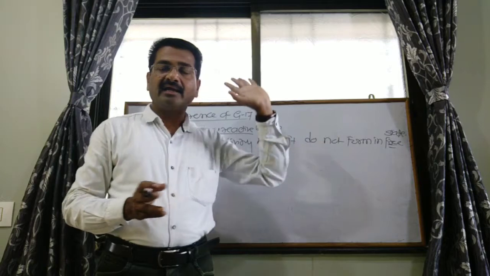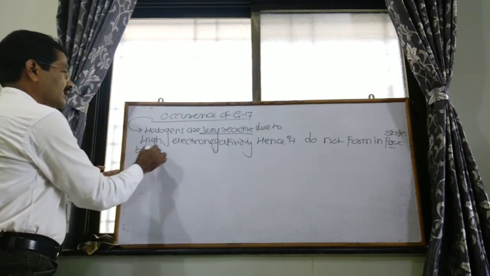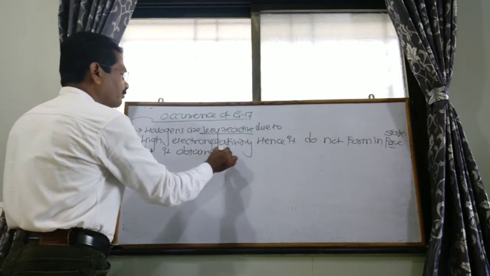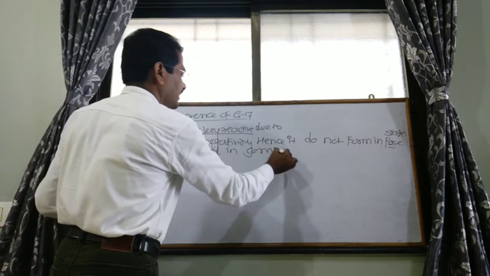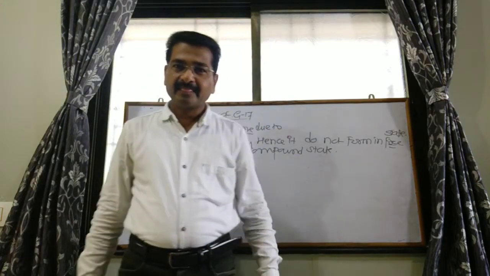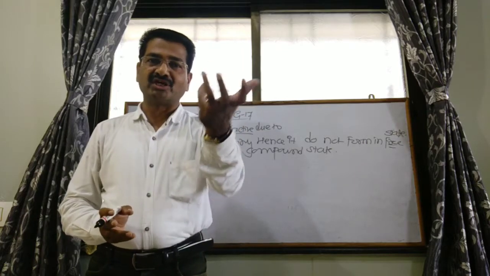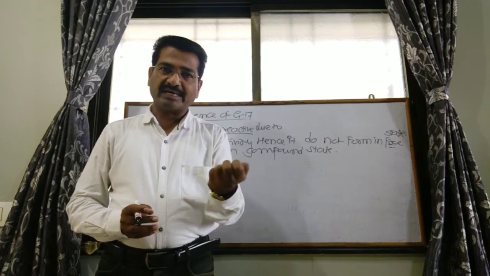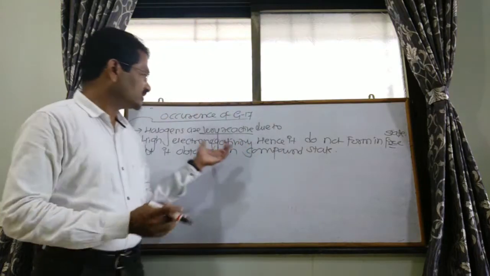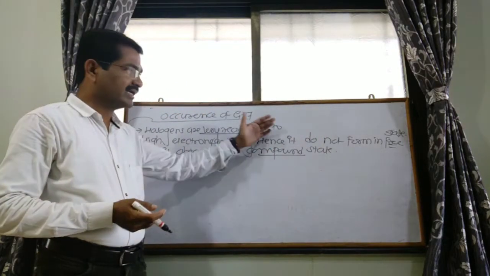But they are obtained in compound state, in the forms of compounds like NaCl, MgCl2, CaCl2: sodium chloride, magnesium chloride, likewise a number of salts. So halogens occur in the form of compounds, not in a single free state, due to their high electronegativity.